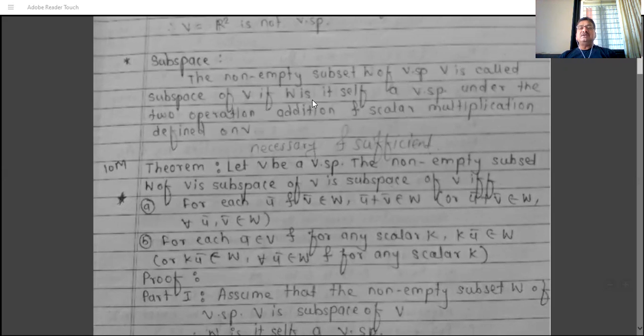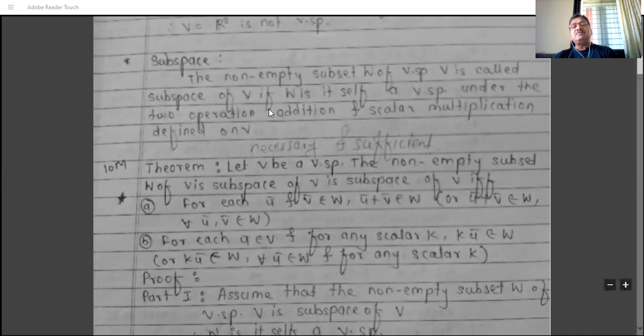When W is itself a vector space, W with the two operations, addition and scalar multiplication, satisfies the 10 properties, meaning the elements of W satisfy the 10 properties of a vector space, then we say W is a vector space.